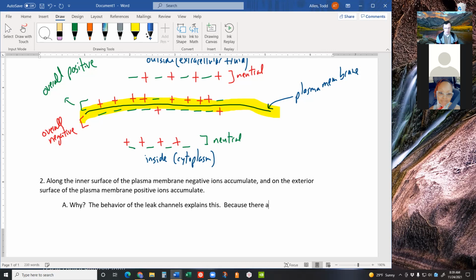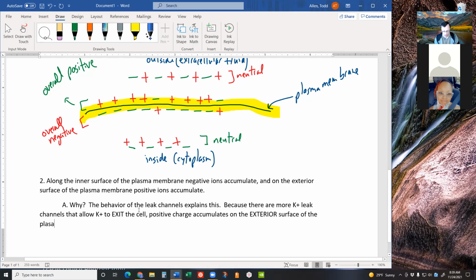Because there are more potassium ion leak channels that allow potassium ions to exit the cell, positive charge accumulates on the exterior surface of the plasma membrane.